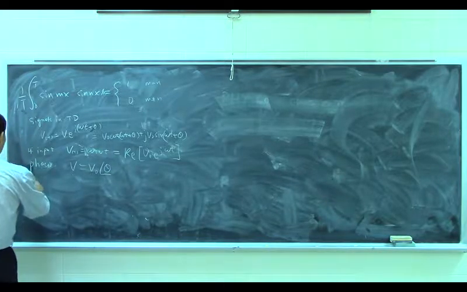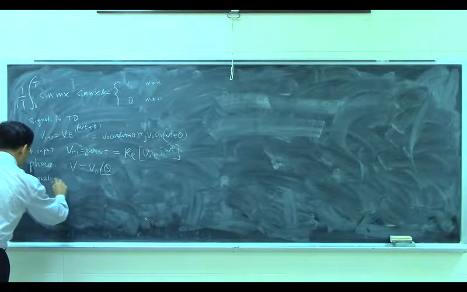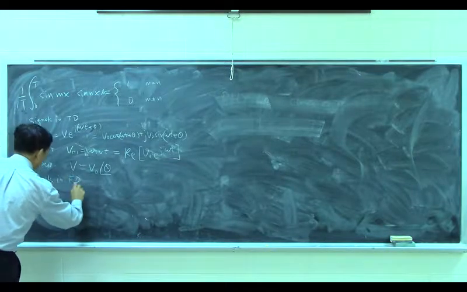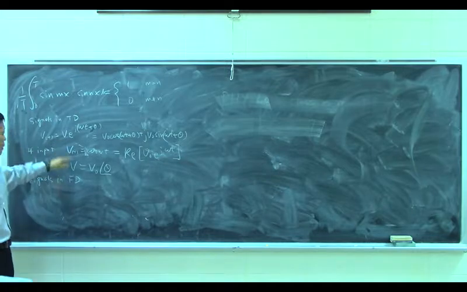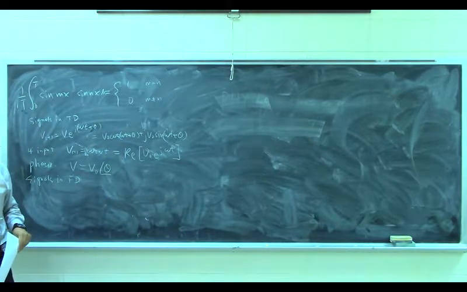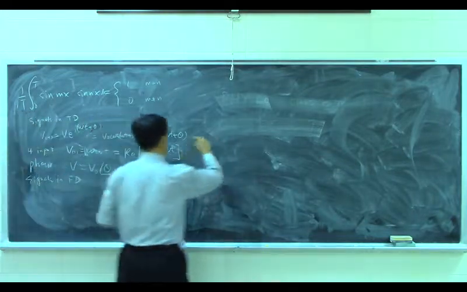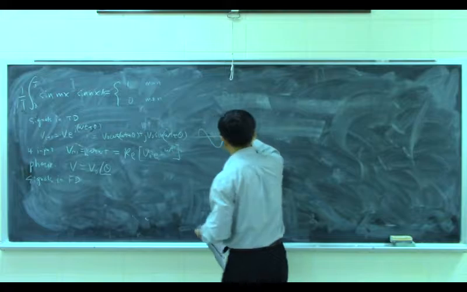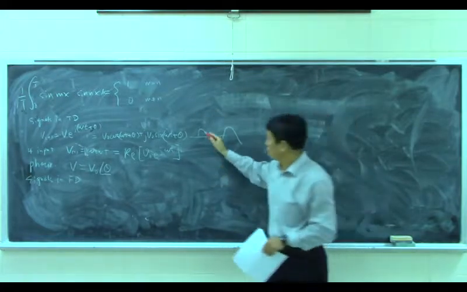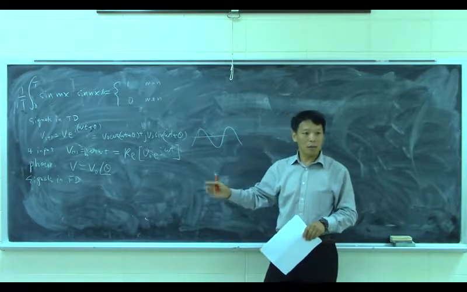The next topic is signals in frequency domain. For example, we are given this signal. We know the frequency equals omega. If we observe this signal on an oscilloscope, it looks like a sine or cosine function like this. But how about if we observe this signal with a spectrum analyzer?